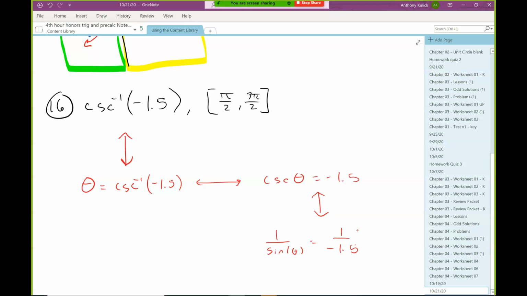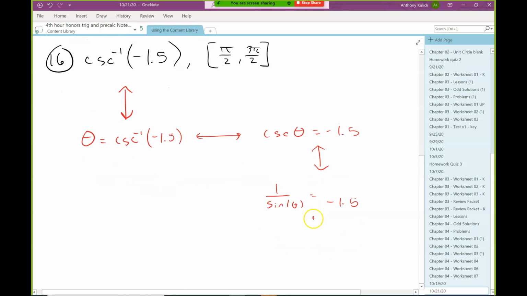Everybody's okay with that? Oh, sorry. 1 over sine is equal to -1.5. And then if I take the reciprocal of both sides, I can say that sine theta is equal to 1 over -1.5, which I can translate now back into an inverse like that.